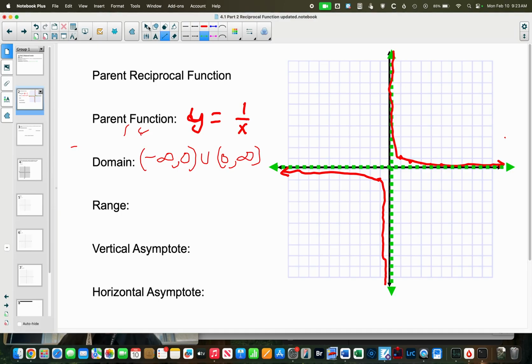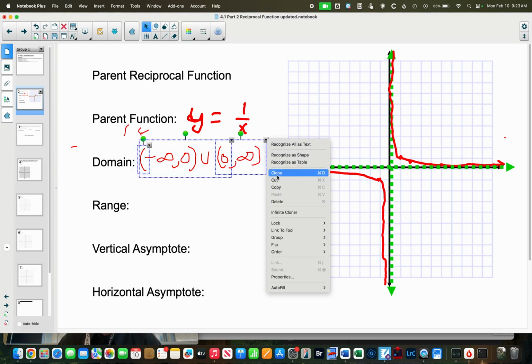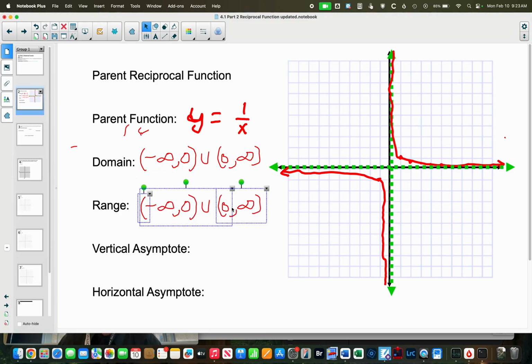So your range is basically all the y values except 0. So it's basically the exact same thing. So the range is the exact same thing: -infinity to 0, union, 0 to infinity.